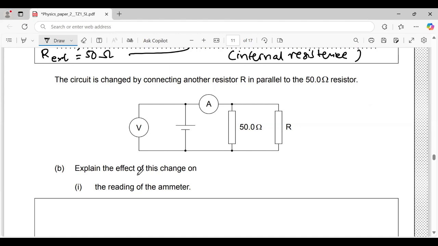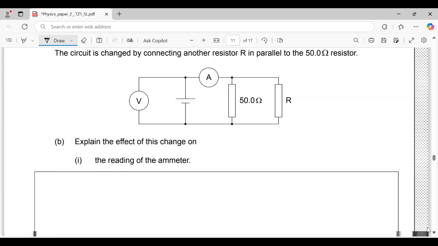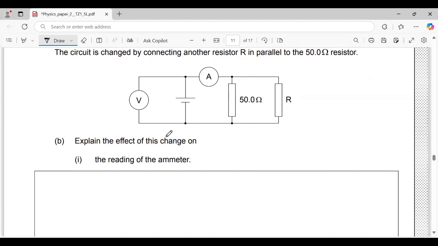Explain the effect of this change on the reading of the ammeter, the implications of this resistor to the ammeter.